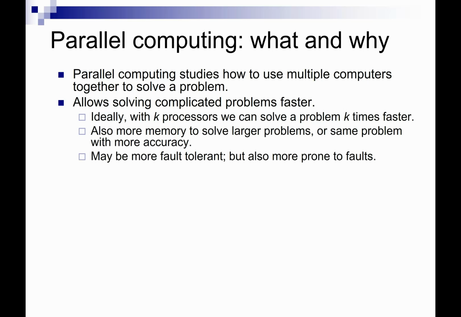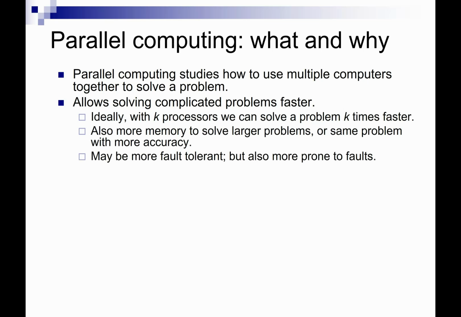Another reason to use multiple computers is that collectively they have more memory, and so they can solve a larger problem. For example, if you're trying to do a simulation of some sort and you have only one computer, it's got a limited amount of memory, so you can only do a small simulation.